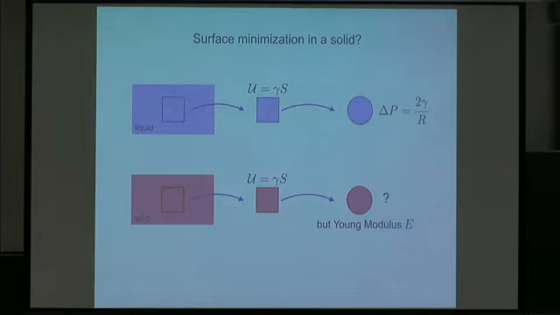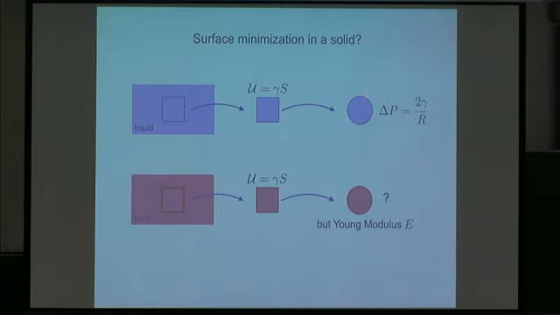This is something very well known. If you isolate a small amount of liquid from a bath, you will end up with a liquid droplet which is spherical, which minimizes the surface energy. And the pressure inside the liquid is given by the surface tension of the liquid divided by the radius of the sphere.